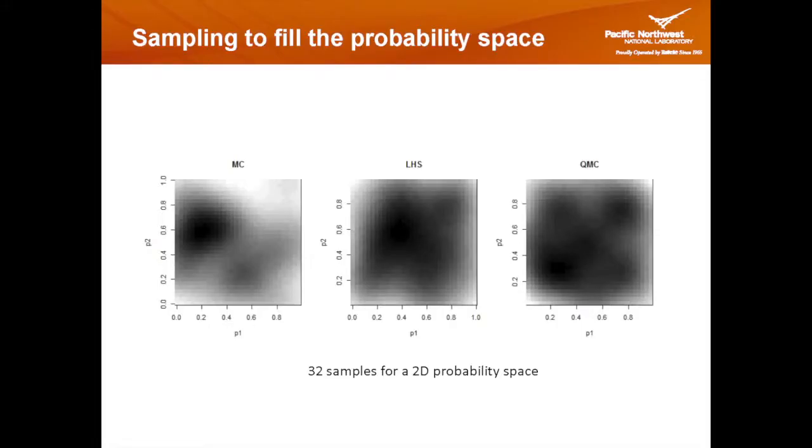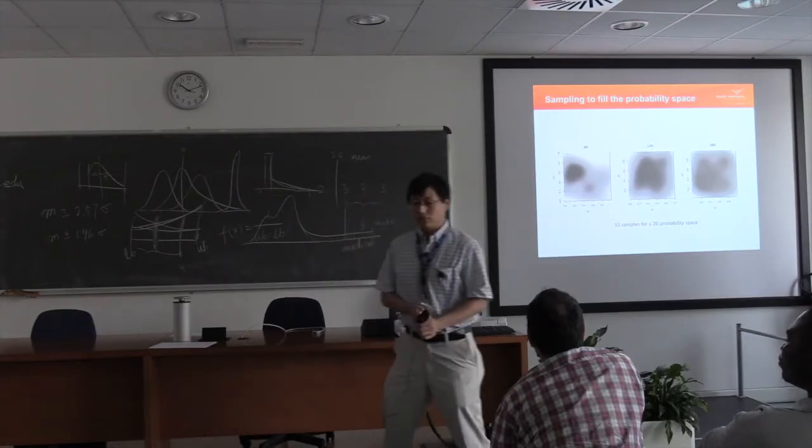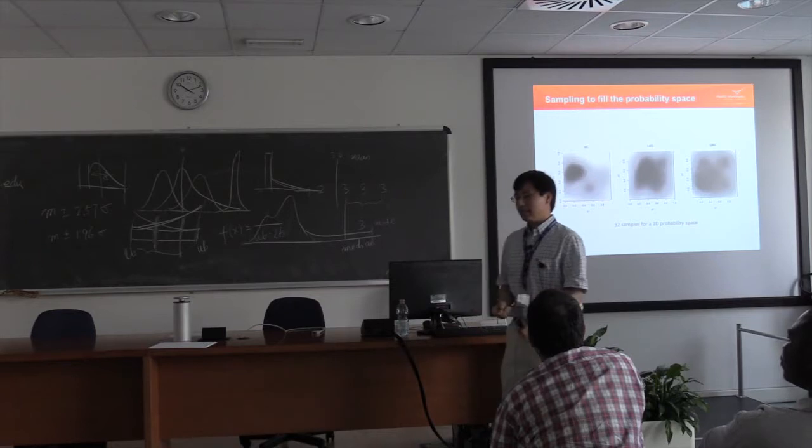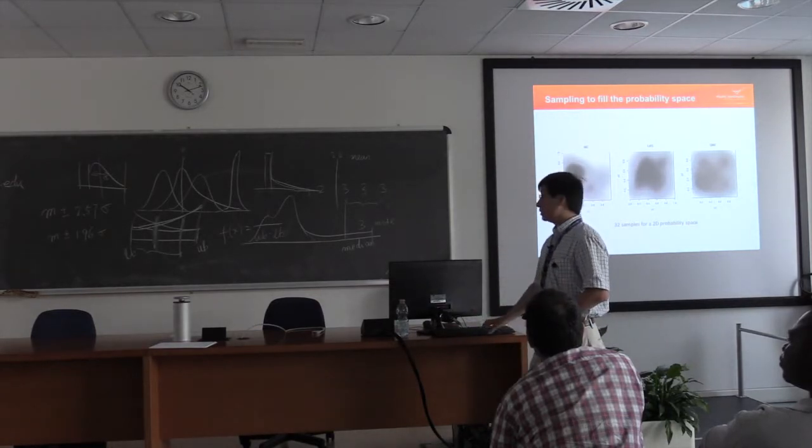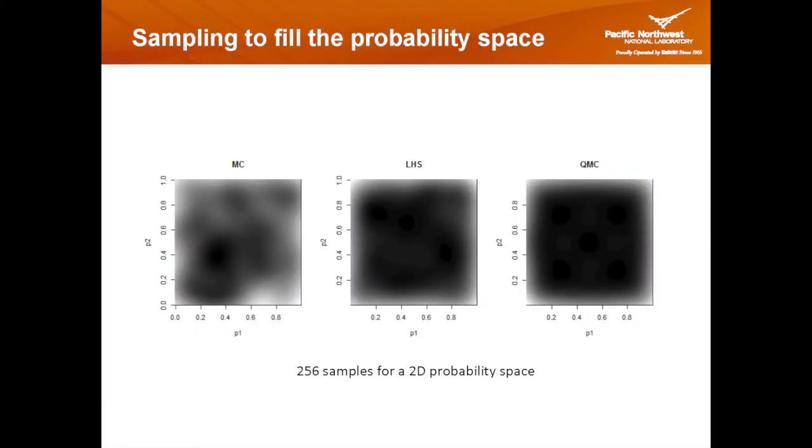That's the idea. So I'm plotting the spatial coverage by the three techniques given 32 samples only. Using only 32 samples, we can cover the whole space using the other two, but we'll have gaps for Monte Carlo. So if you have a chance, don't use the Monte Carlo approach instead of the other two alternatives. Like for 256 samples in an ensemble, you can really completely fill in a region.